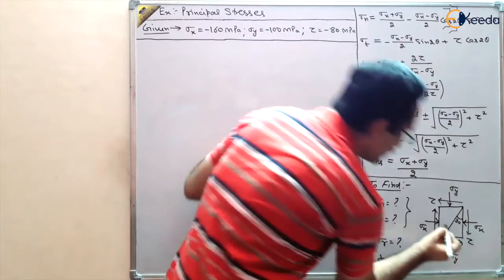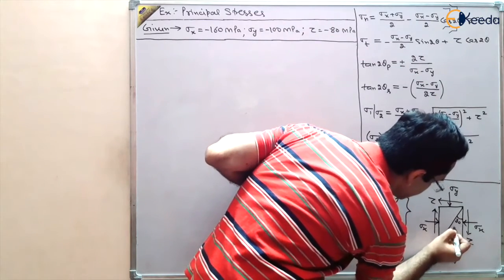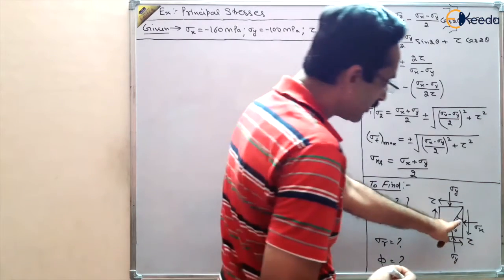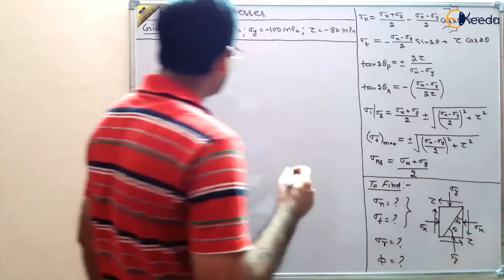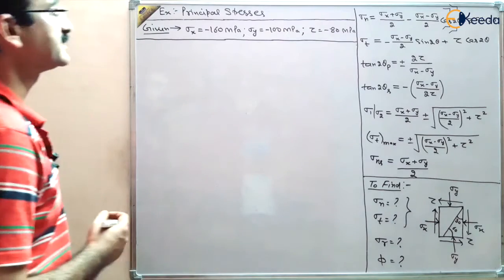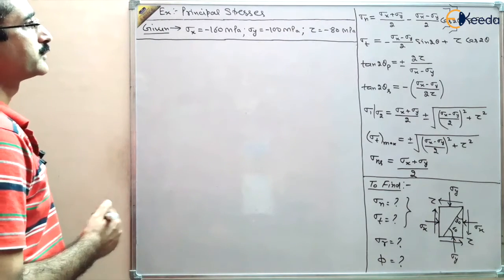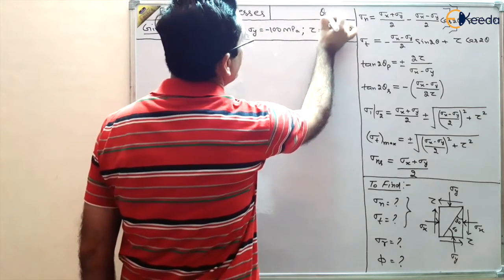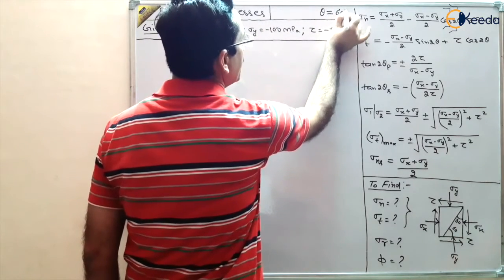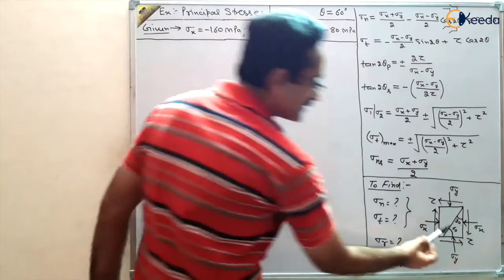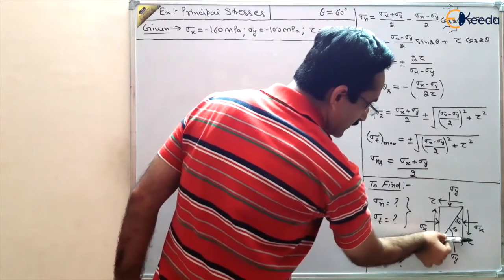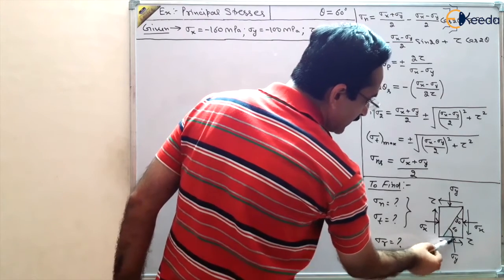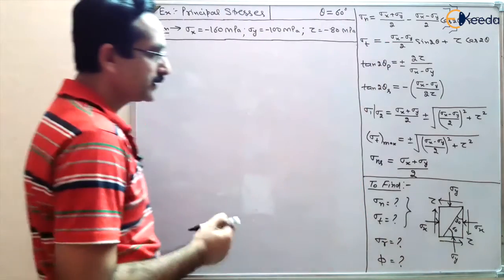So that's why, if this is 30, this will be 60. So our theta is basically not 30, it is 60, right? So we will use theta as 60 degrees in our formulas. And we have used this with horizontal, or you can say with the face of sigma y, theta 60 degrees, right?